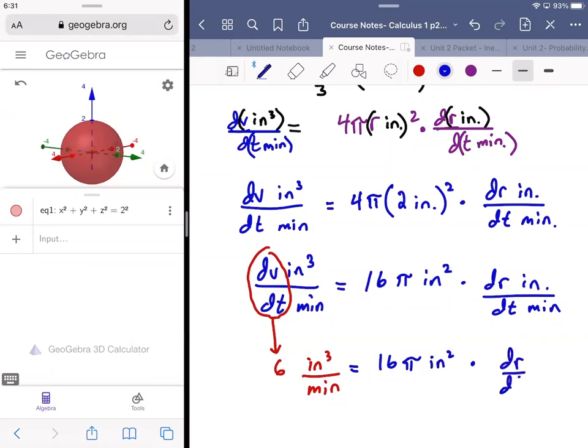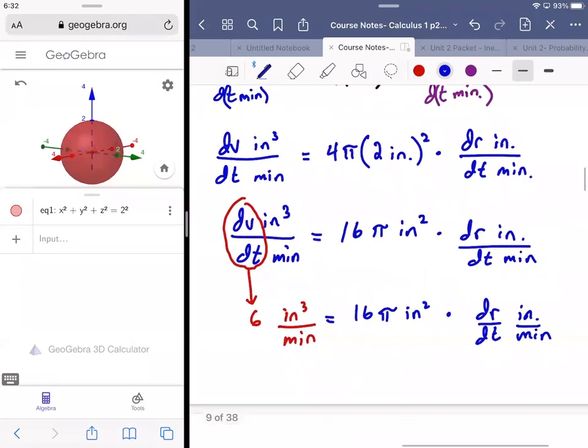The RDT, I could write it as inches per minute based on rules of multiplying fractions. I mean, you put them together, you can take them apart. All right, but when I go to solve here, I would divide both sides by 16 pi inches squared.